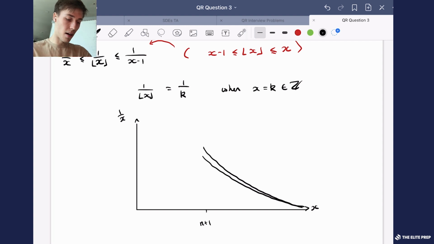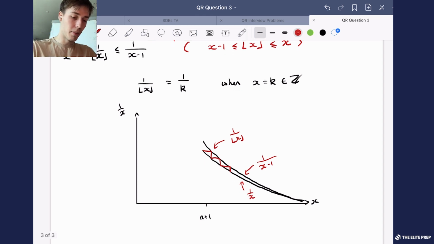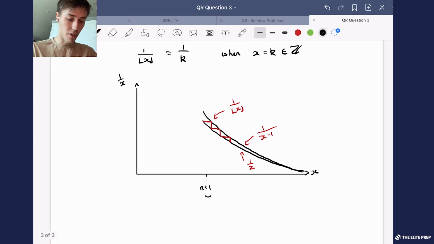And then our floor function is going to look like a staircase between them. So it's only going to go sharply down as we get to the next integer value. So that was 1 over floor of x. This one is 1 over x minus 1, and the one below is 1 over x. So that's the intuition behind it, and that's the intuition behind the Riemann sums. The Riemann sums come into play because the width that we're considering is just 1 between each of the integer values.